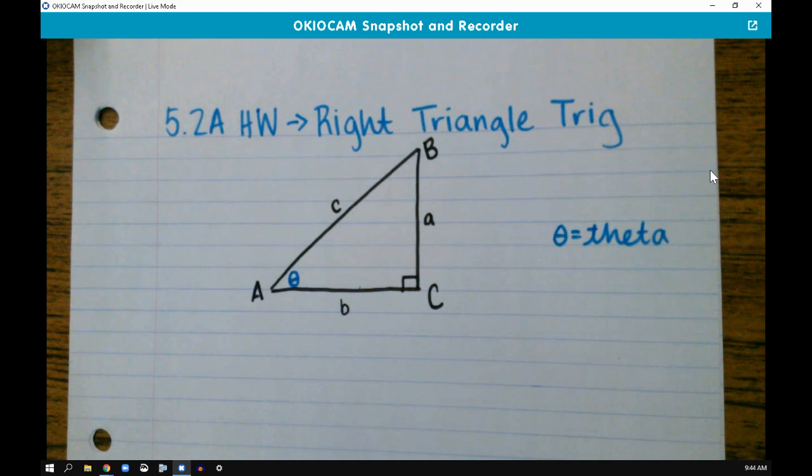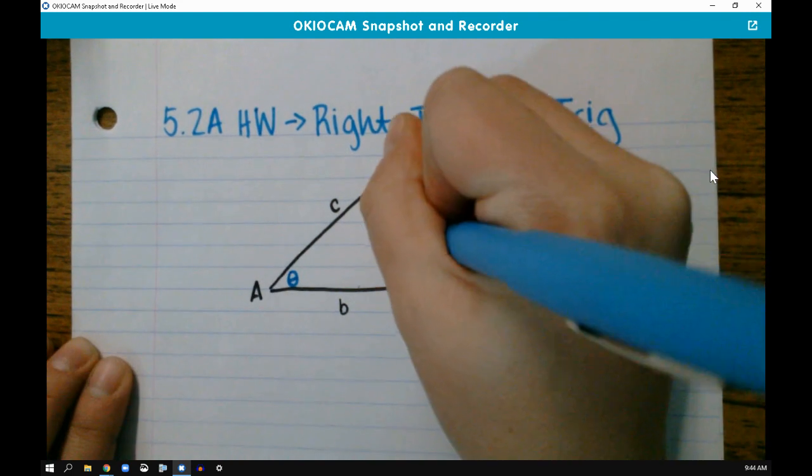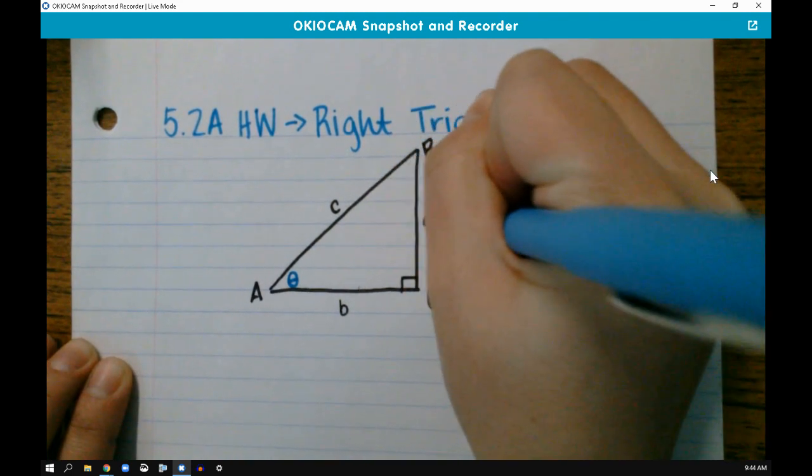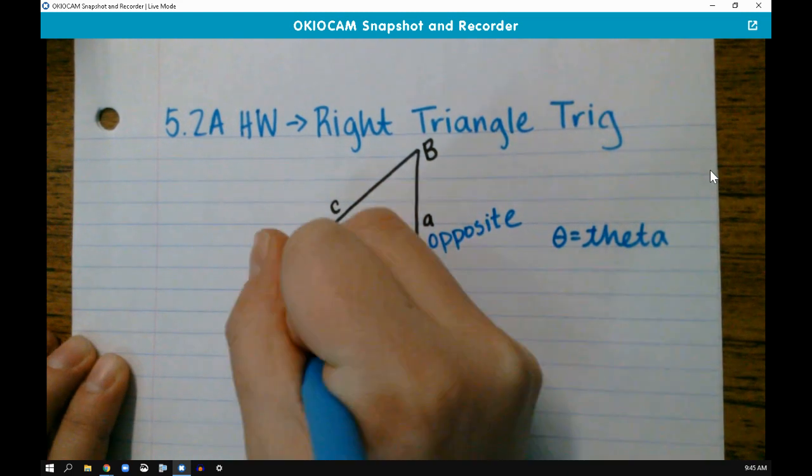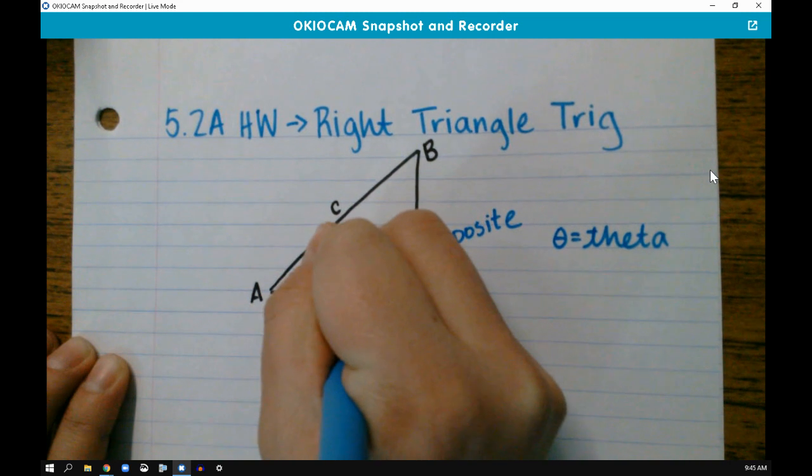In reference to theta, side A would be the opposite side, meaning it's across from it. Side B is our adjacent side, meaning it's attached.